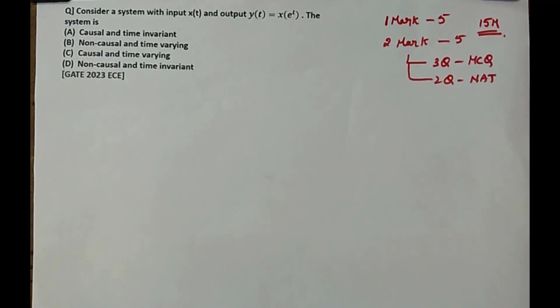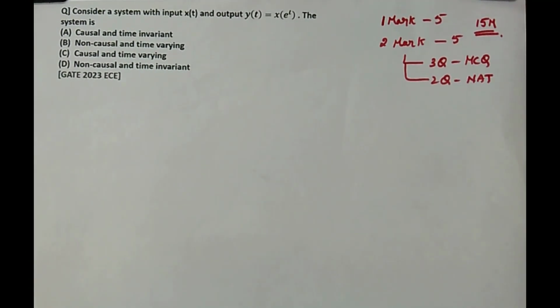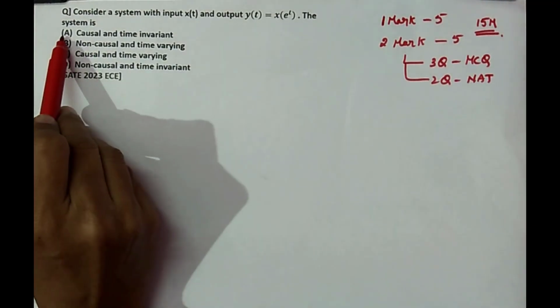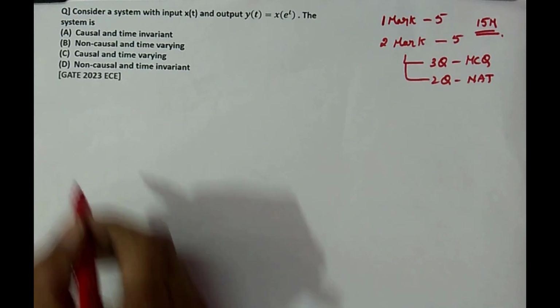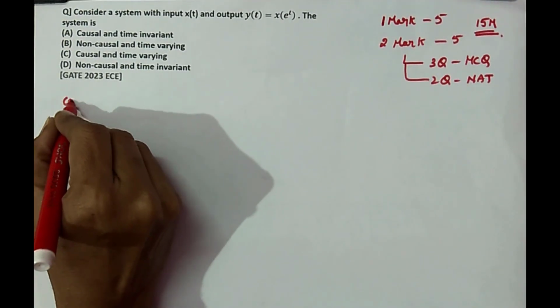Okay. So now let us see the first question. Consider a system with input x of t and output y of t equal to x of e power t. The system is given 4 options. So first I'll check the answer A. So what is a causal system?